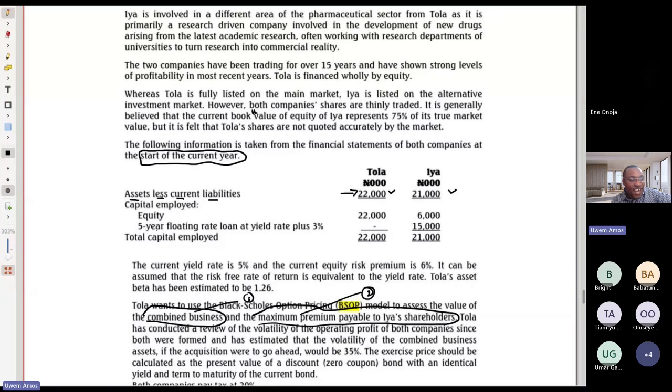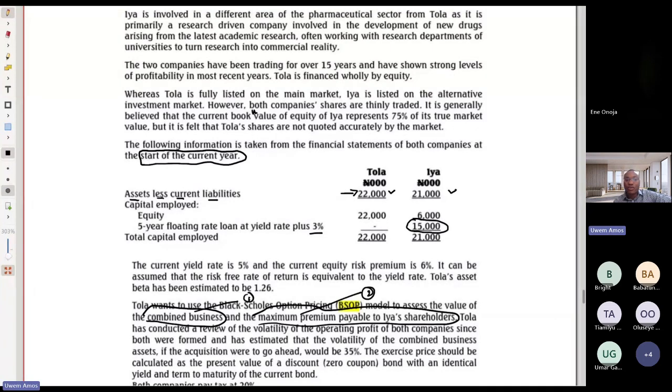A 5-year floating rate loan at yield rate plus 3% gives us a total of 15,000.